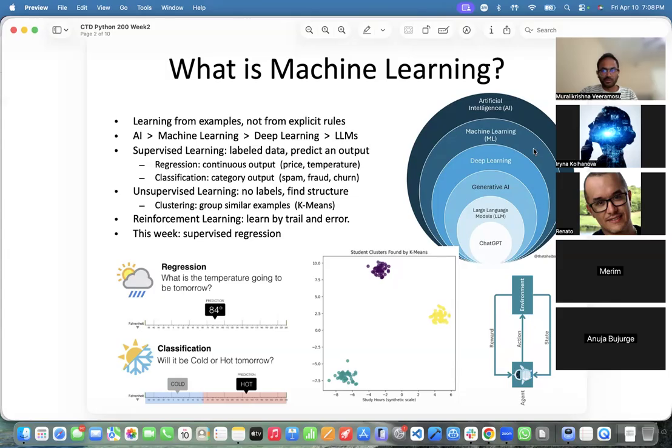So this is the whole spectrum of artificial intelligence and machine learning. And as you can see over here, it learns from examples, not from explicit rules.